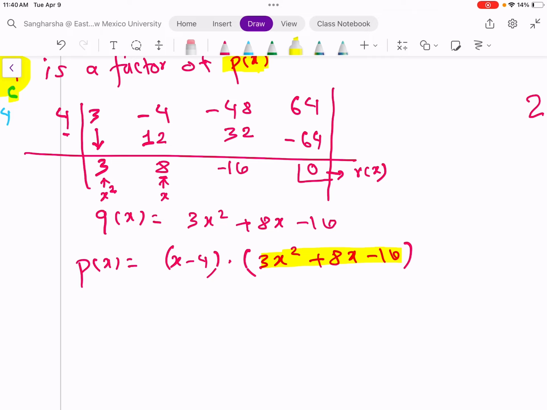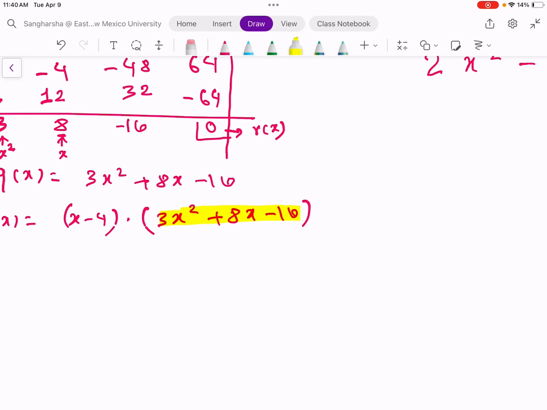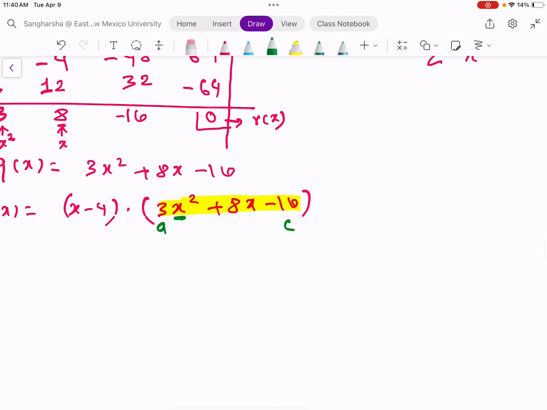What method do we use? We did this a long time ago. We use the AC method because the coefficient of the square term is not 1. So this is our a, this is our c. We multiply a and c. So ac is 3 times 16, which is 48, right?